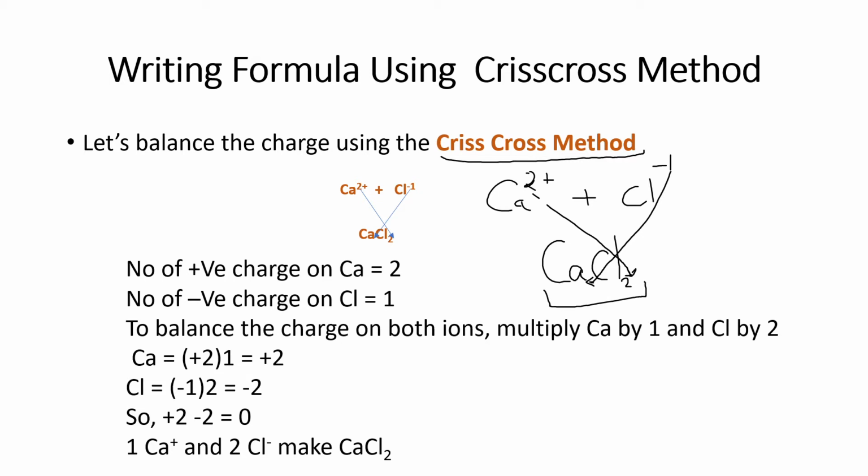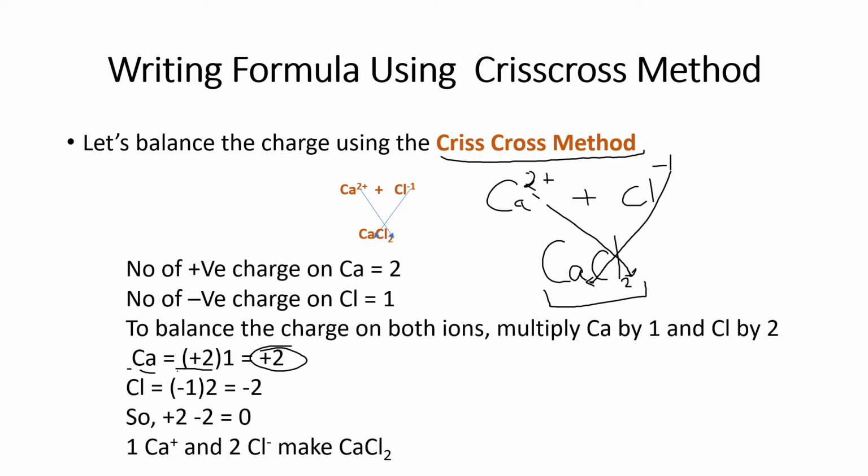All right. Now let's look at the charge to see if it is balanced. Calcium has a positive 2 charge, and there is only one calcium, so 2 times 1 equals positive 2 for the calcium.